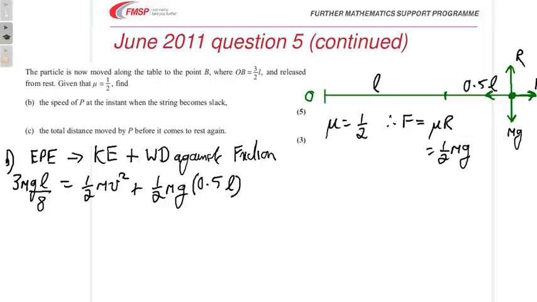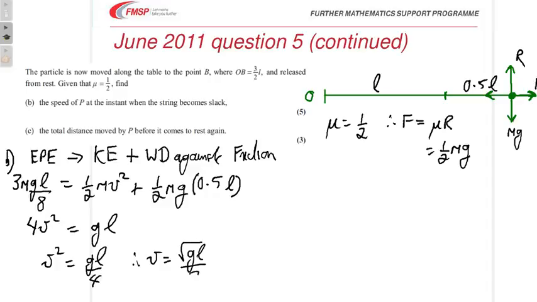Okay, we can just cancel out the m's and tidy this up. We get 4v squared equals gL. So v squared equals gL over 4. Therefore v is root gL over 2.